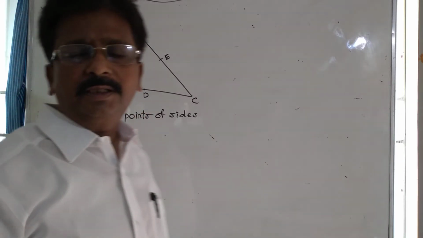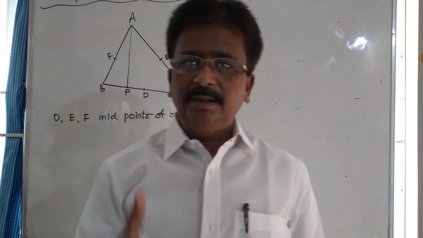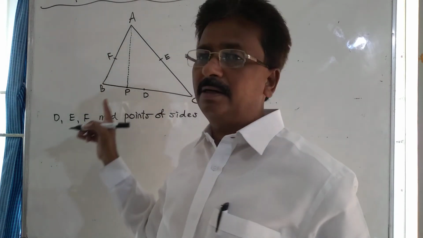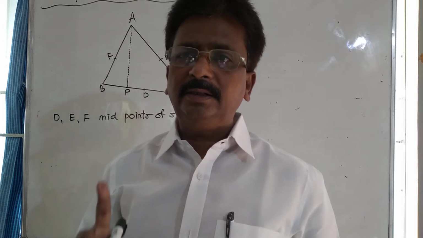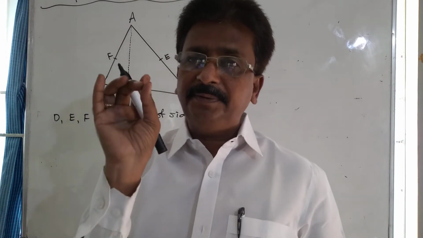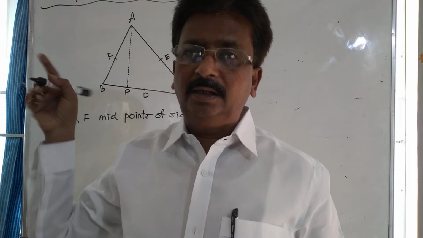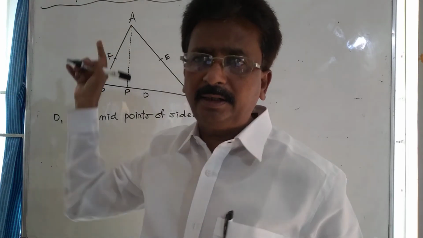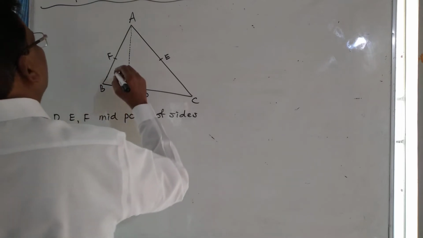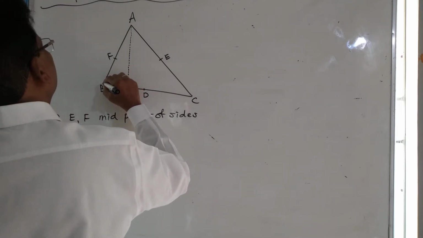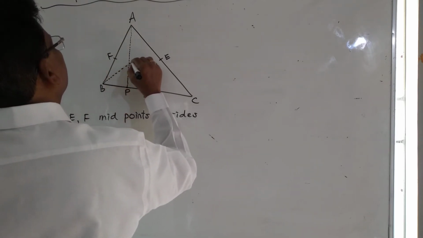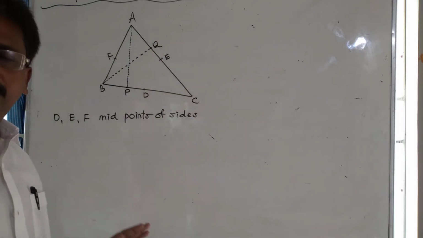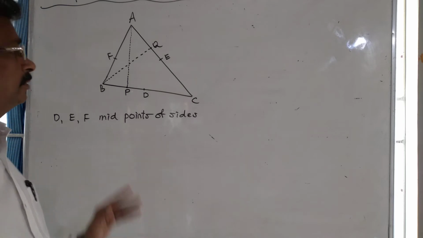What is this? This is AP. AP is the altitude, perpendicular or altitude. P is called the foot of that altitude. There are 3 feet. It is 1 foot and the other 2 feet are there. Them also I will identify. Q is the foot of the other perpendicular altitude.